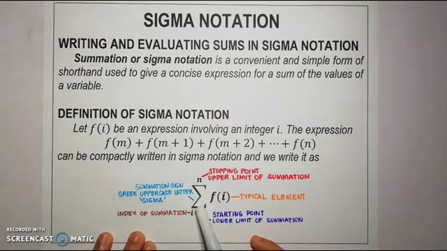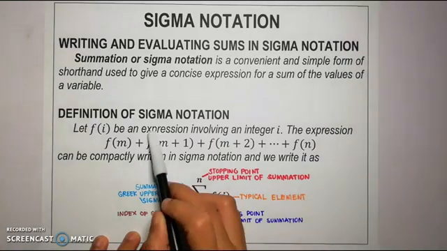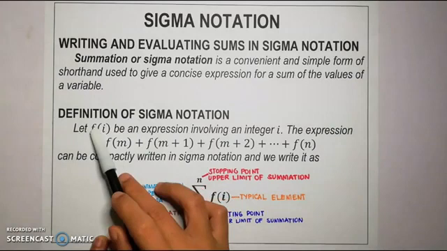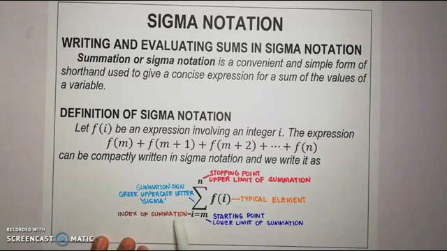So, this symbol right here is a summation sign, or the Greek uppercase letter called sigma. This is the symbol for the series. f of i is what we call the typical element, or simply the expression involved in the series, which is determined by our lower limit and upper limit.